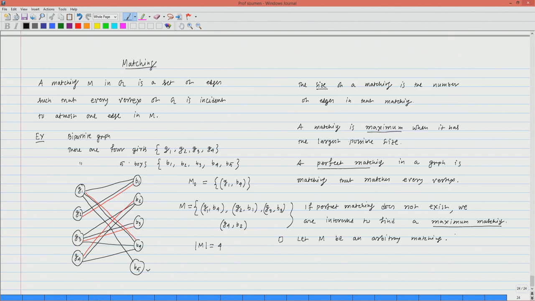So, we can think of starting with any matching, and the question here is that if M is not maximum, how could we improve it? You start from an arbitrary matching, the ultimate goal is to find a maximum matching. You start from an arbitrary matching and then you improve it to get a maximum matching.